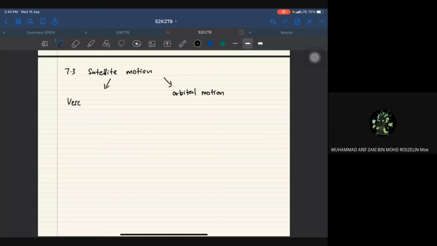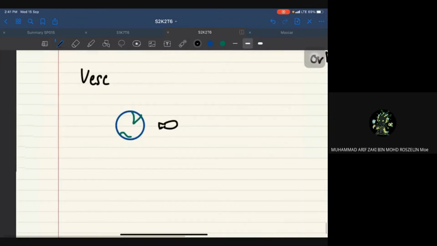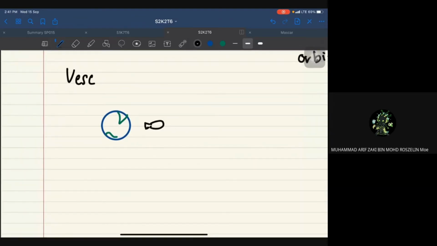Okay, in terms of drawing, kalau saya nak lukis, saya fikir nak lukis dulu ke nak tu formula. Okay, maybe saya boleh lukis dulu. So kalau V escape maksudnya, so you have your Earth. Okay, and then you have your rockets. Basically, you want your rocket to be launched into the space. Nak lancarkan roket ke angkasa.